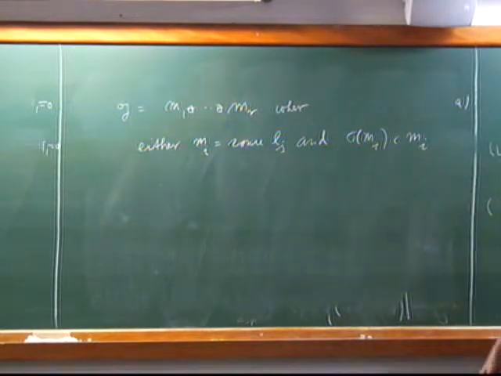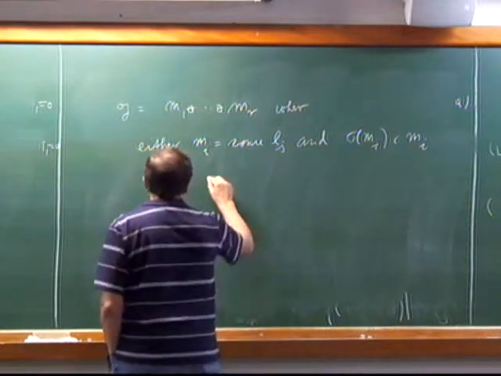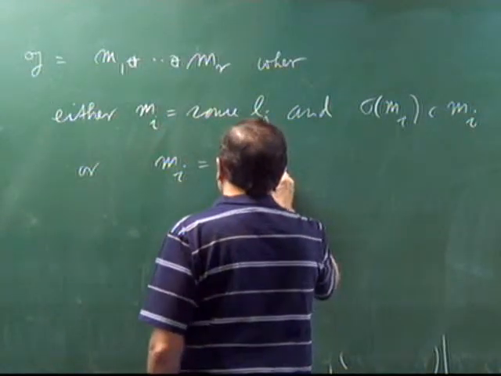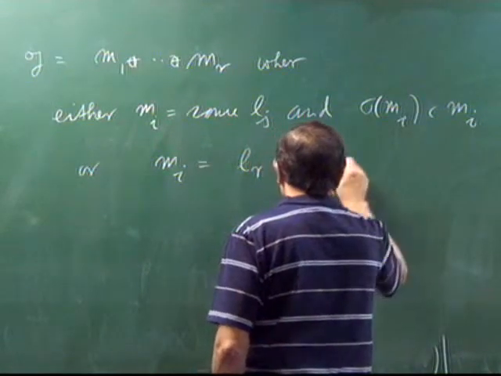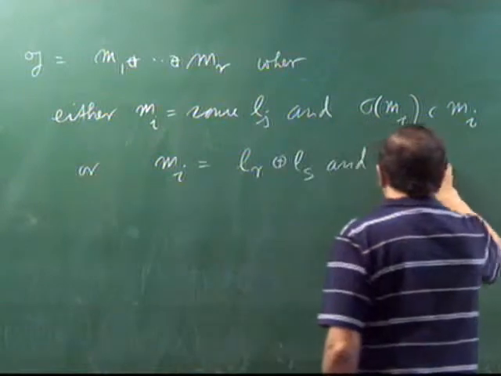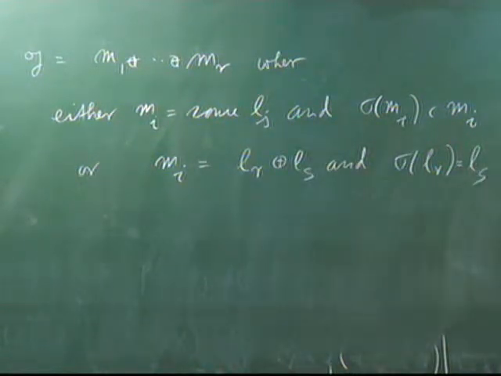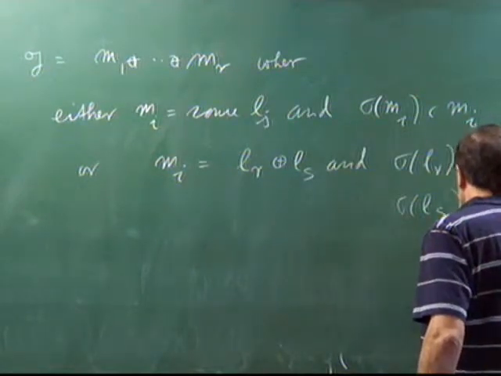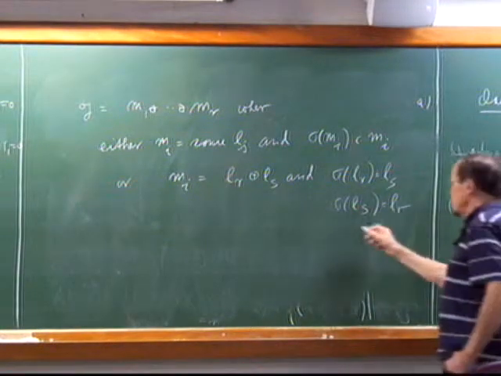So I collect those ideals that are preserved by sigma, or mi is equal to Lr plus Ls, and sigma of Lr is equal to Ls. And of course, then sigma of Ls is equal to Lr. In particular it preserves mi also.